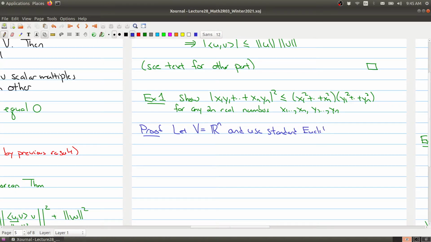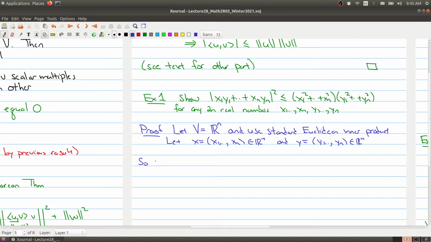Euclidean inner product. So what we're going to do is take a vector x, x1 up to xn in Rn, and we'll take another vector y, y1 up to yn in Rn.